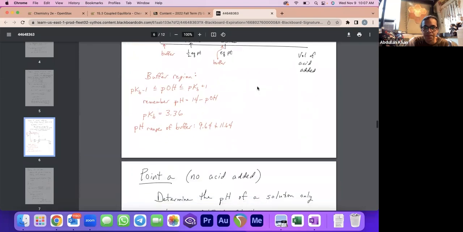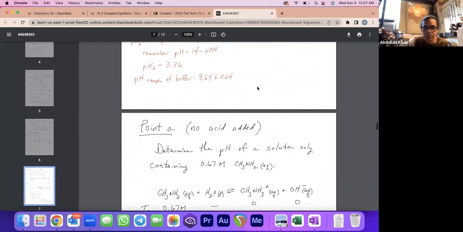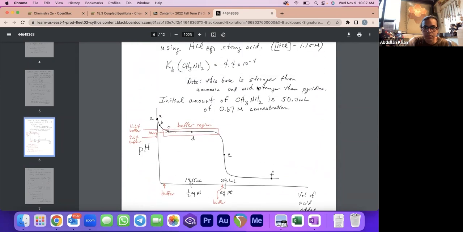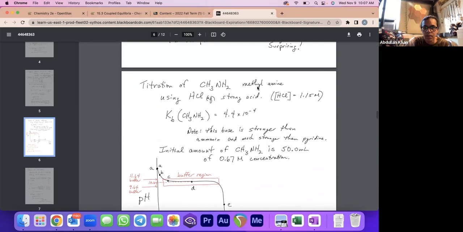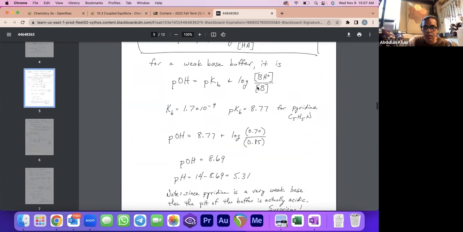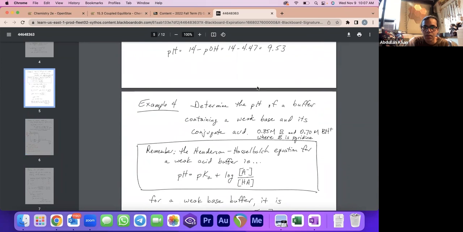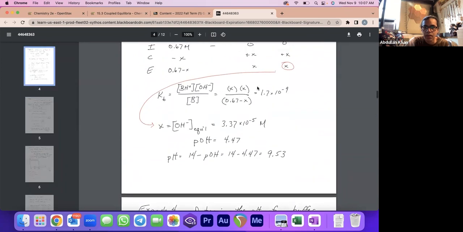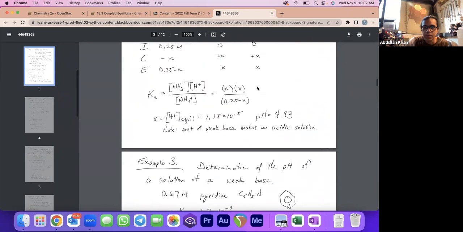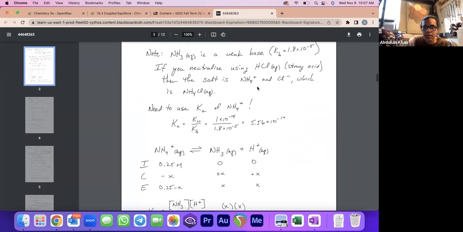I see. Those are just easy values, A, B, C, and so on. Okay.